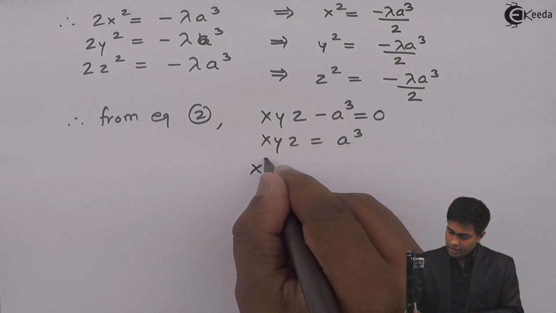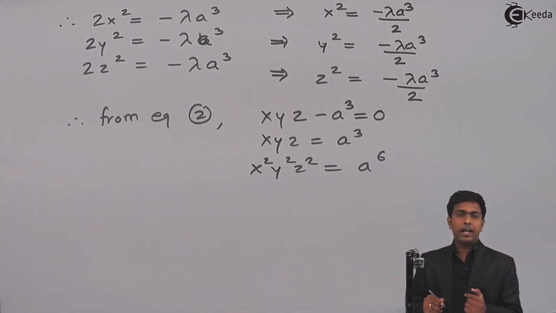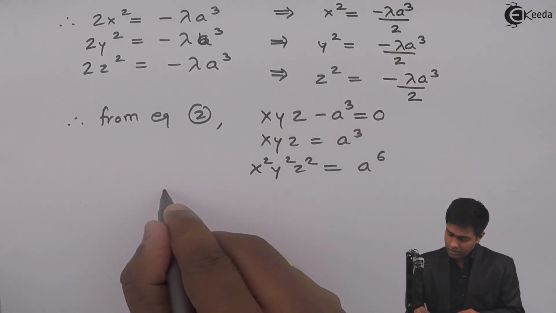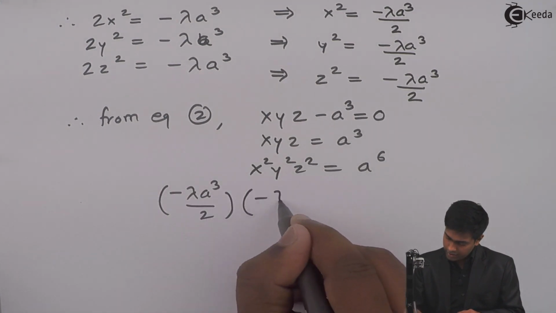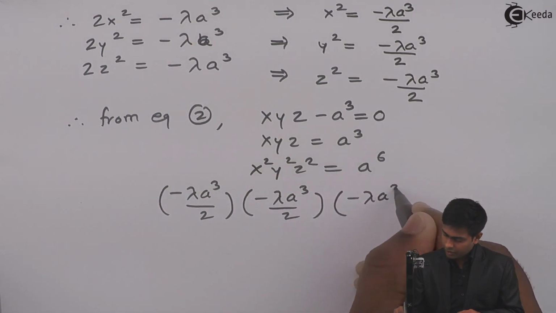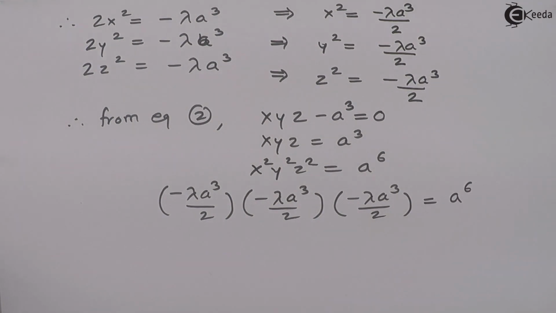So we'll get x square y square z square is equal to a raised to 6. Now we'll substitute the values of x square, y square, z square. So we'll get minus lambda a cube upon 2, minus lambda a cube upon 2 and minus lambda a cube upon 2 is equal to a raised to 6.